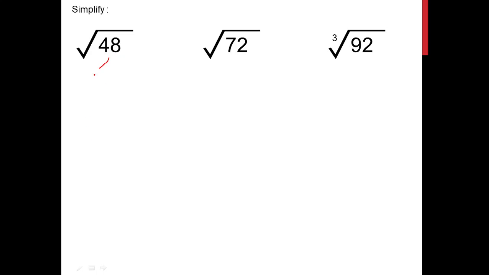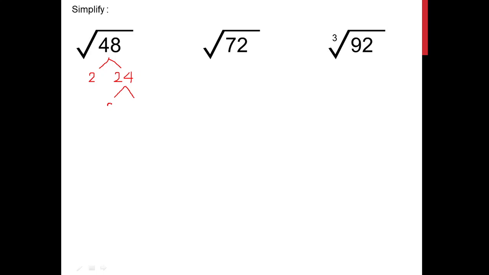48 divided by 2 would give you 24. This one is not a prime number, so let's proceed dividing this by 2 again, since this is an even number. The purpose of this is to make sure that all the numbers left are prime numbers. Okay?